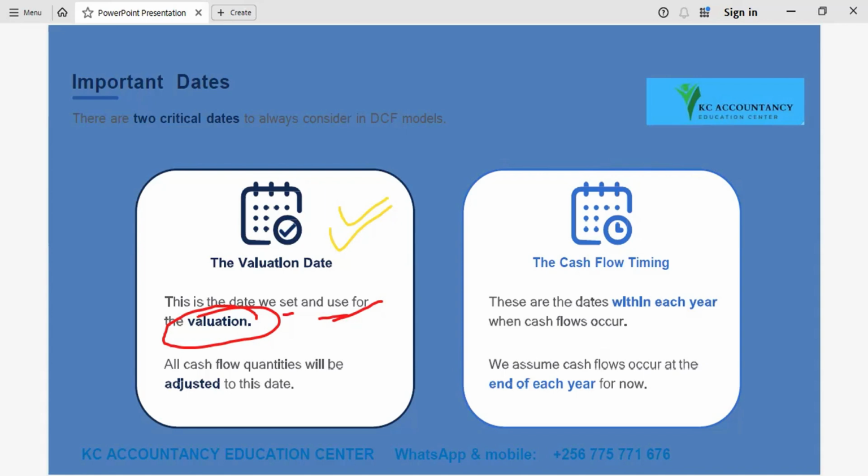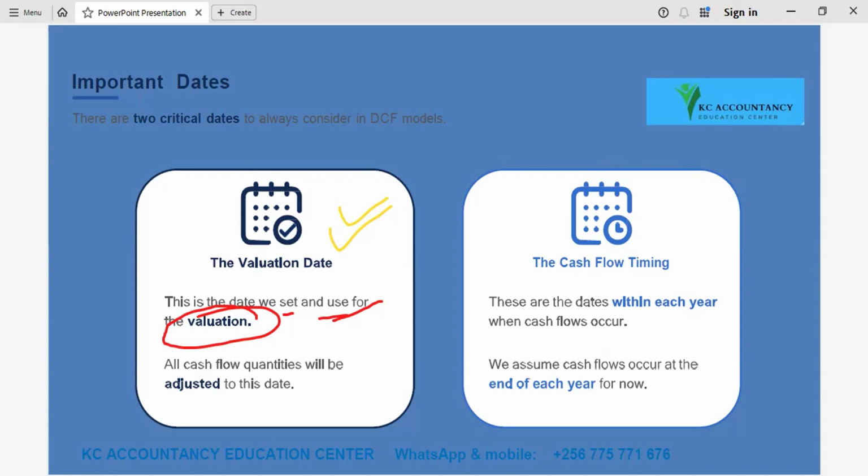So it depends, because these financial models are going to be done by experts. First of all, you need to have the information before you start doing some of these analyses. So we always set the date because we are the ones preparing the model. It is the date that we set for our valuation.